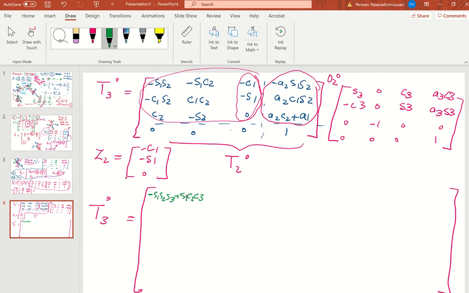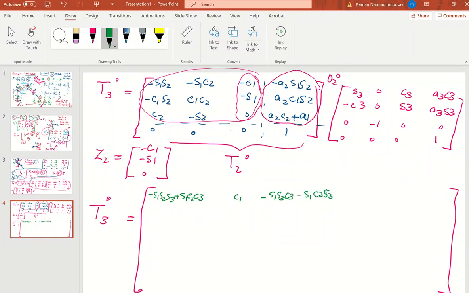Now 0, 0, cosine 1 and 0. Now here, minus S1 S2 cosine 3 minus S1 cosine 2 sine 3.